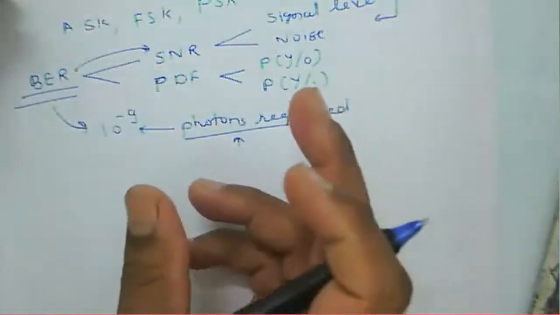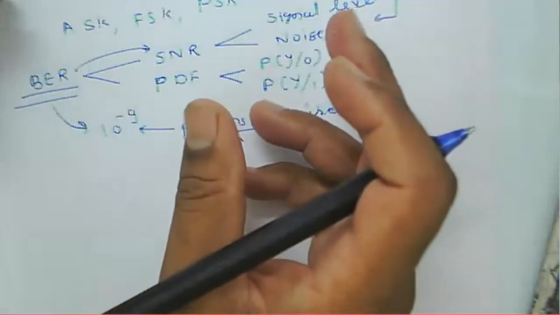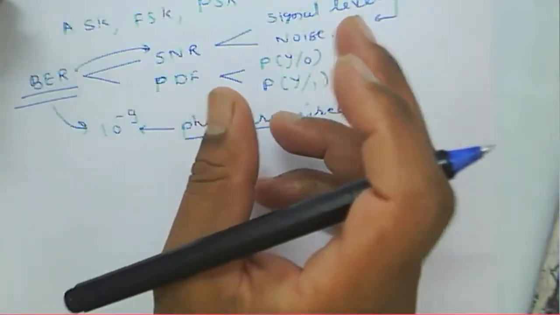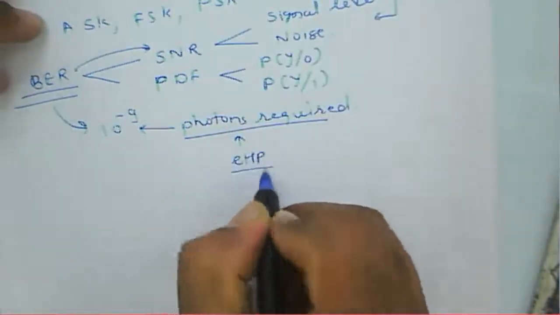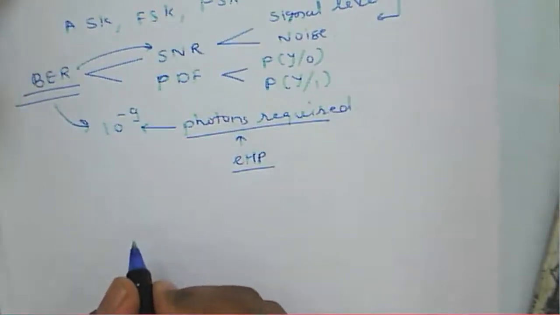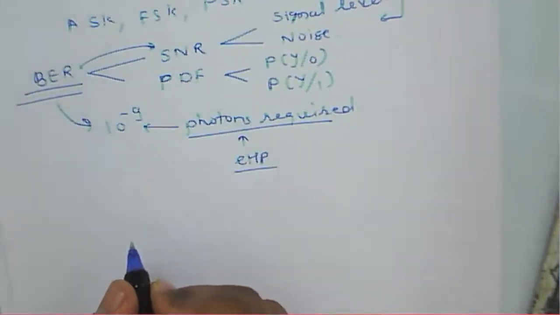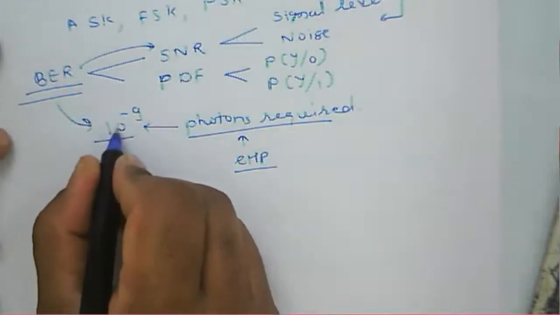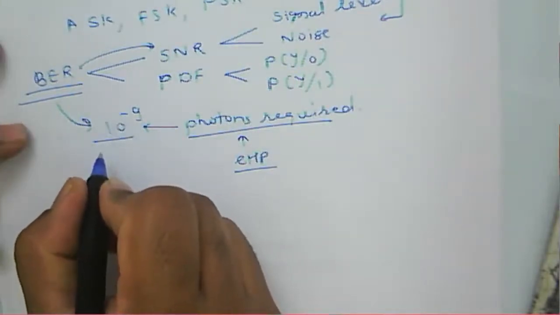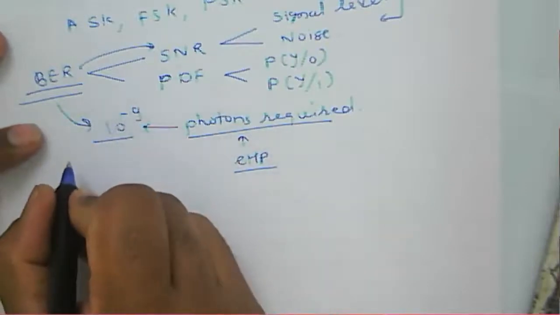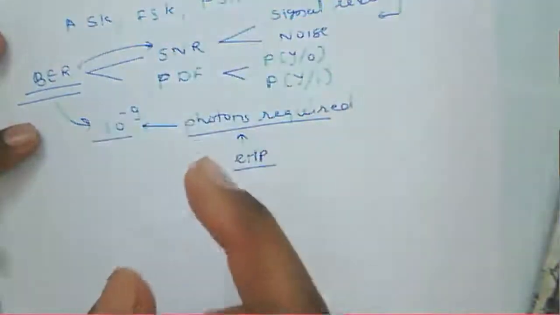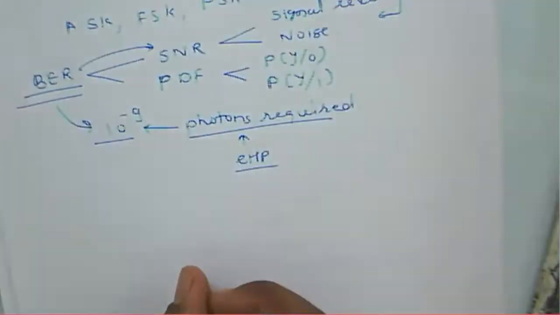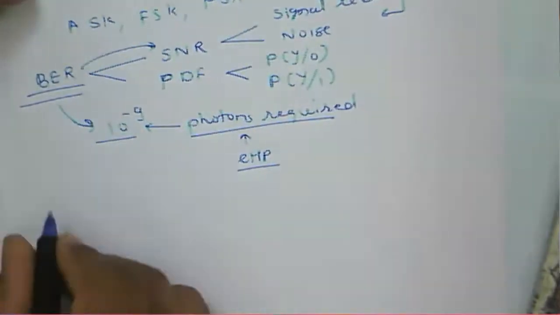So now the average number of photons per bit required, so that electron hole pair generation takes place and current is propagating through this. Now for achieving 10 to the power minus 9, how many photons are required per bit? For one bit of information, how many photons are required for detecting the signal?